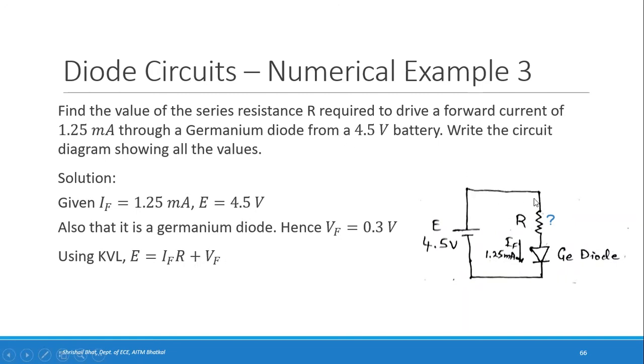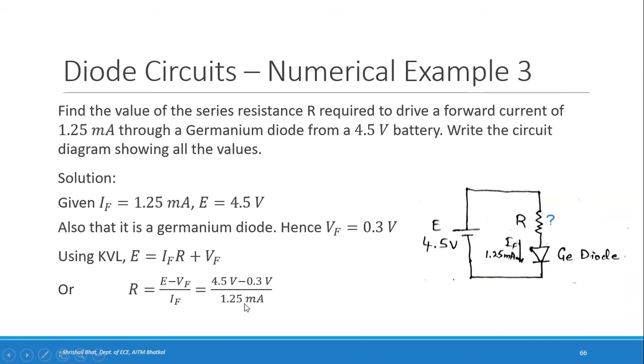E equals IF into R, that is the voltage across this resistance R, plus forward voltage drop across the diode, that is VF. To find the value of R, if I rearrange the same equation, I'll get E minus VF divided by IF. E is 4.5, VF is 0.3, divided by IF, which is 1.25.